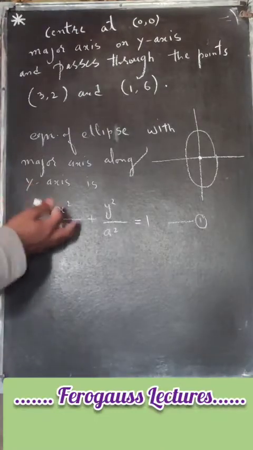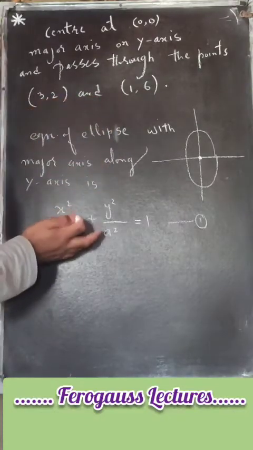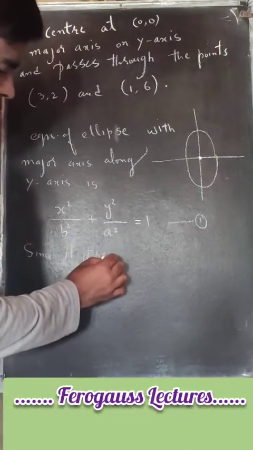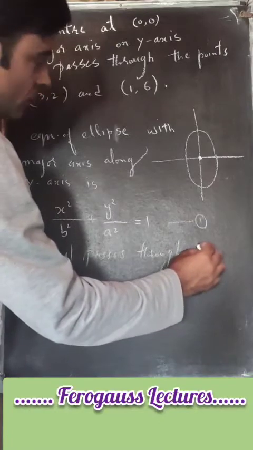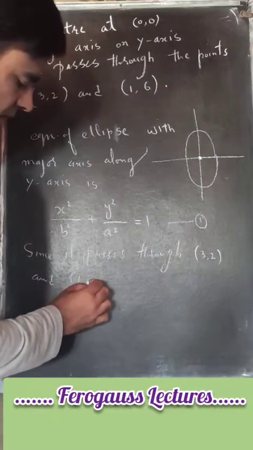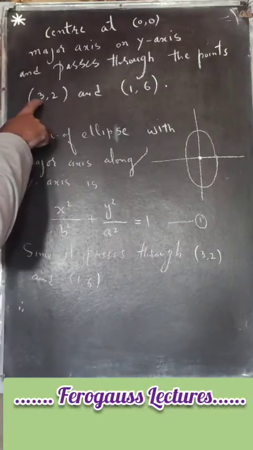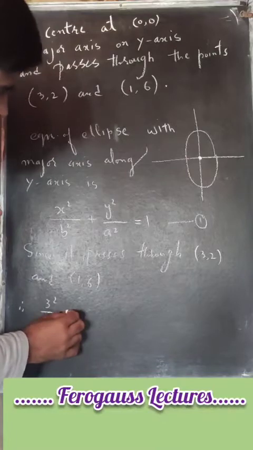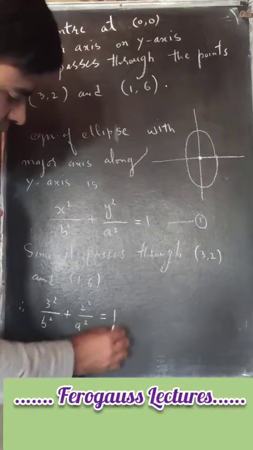Now since this ellipse passes through the points (3, 2) and (1, 6), these points must satisfy its equation. So instead of x we write 3, which gives 3 square divided by b square plus 2 square divided by a square equal to 1.